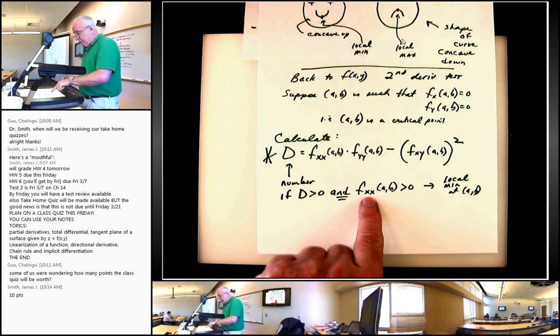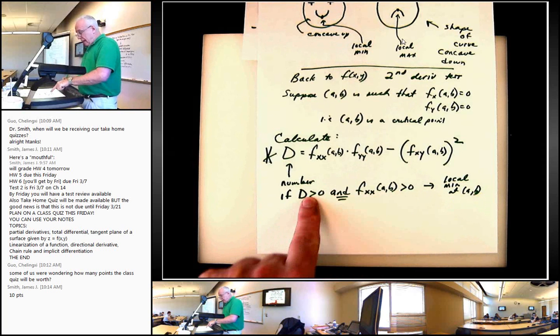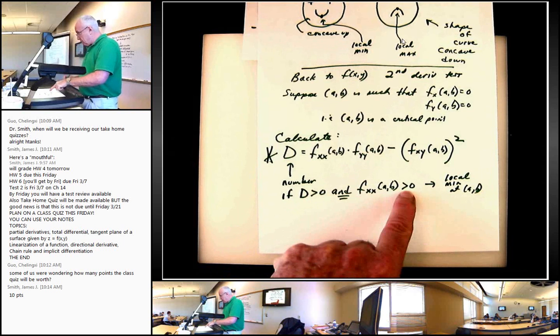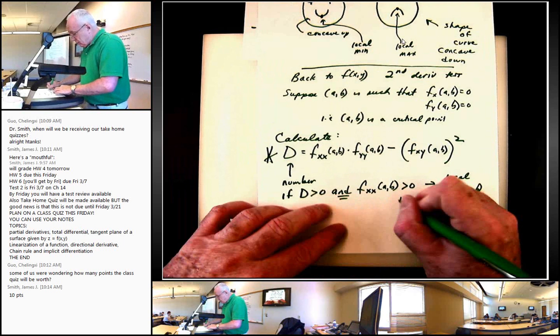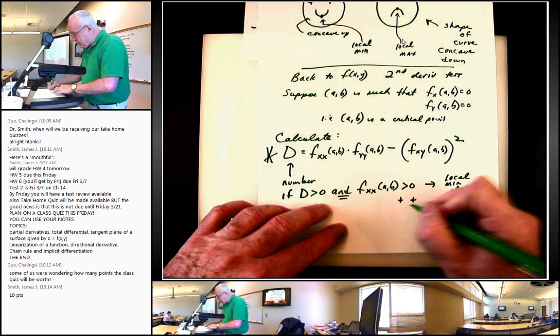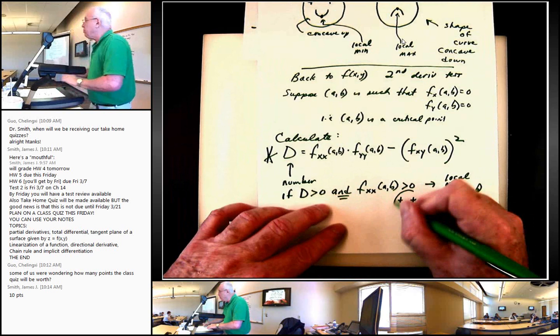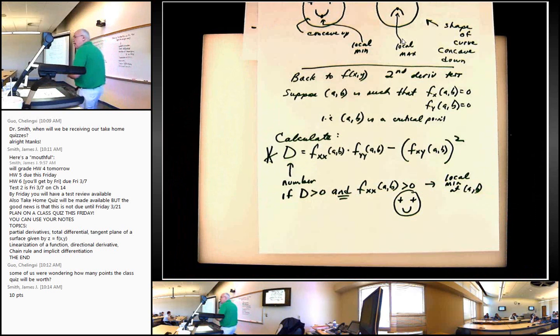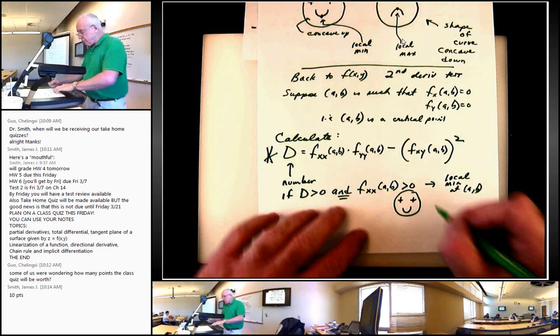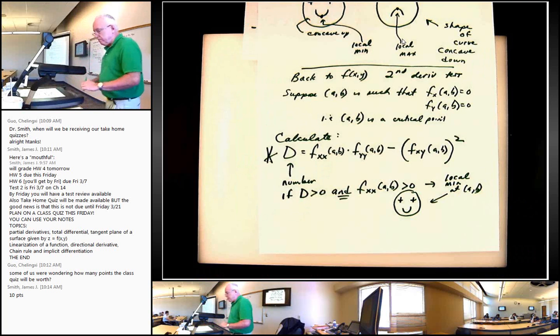D has to be positive, fxx has to be greater than 0. So in that case, I'm looking at the face with both the plus signs. fxx bigger than 0, and that shows me I have the local minimum.